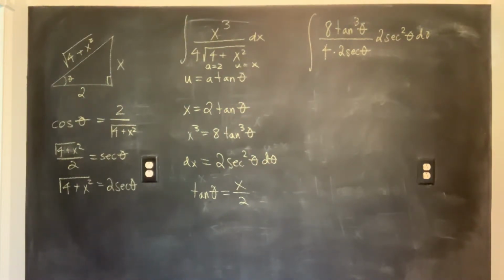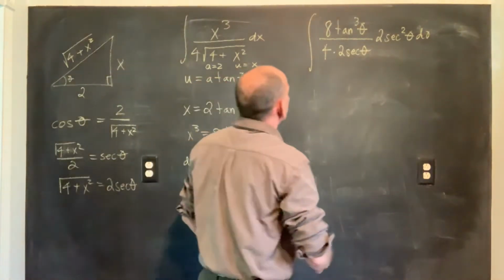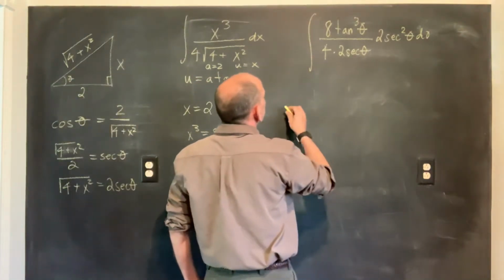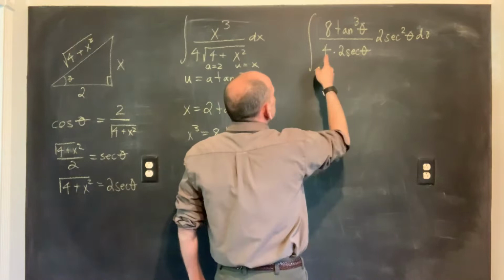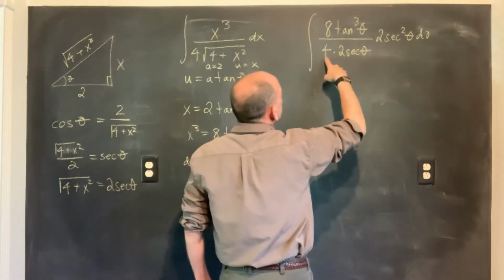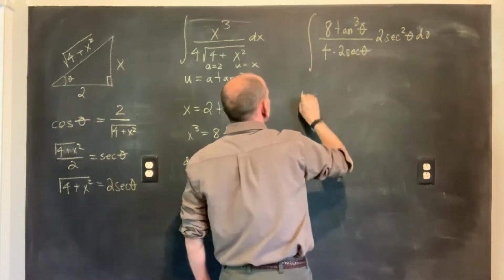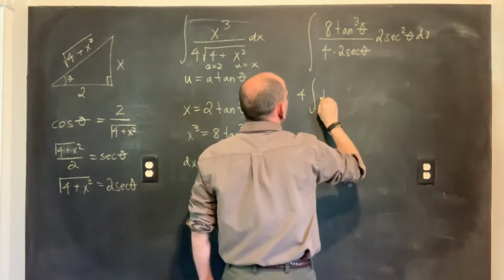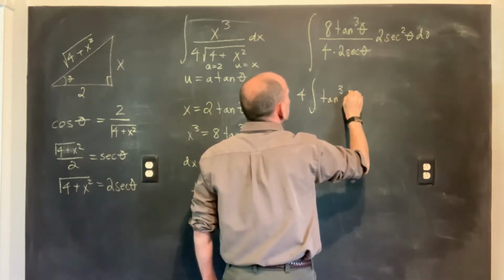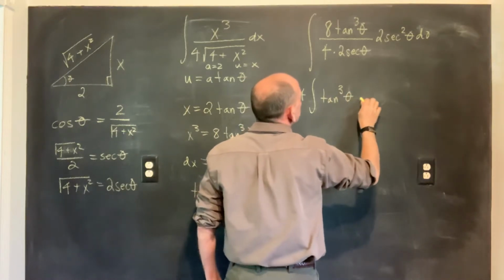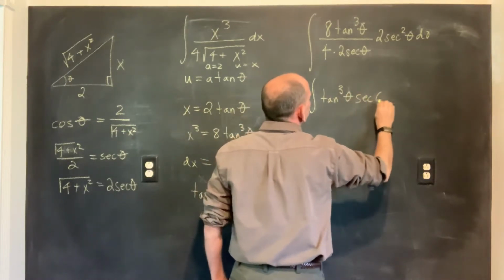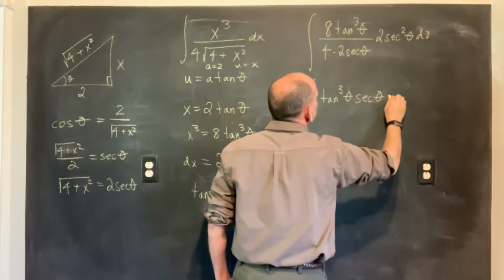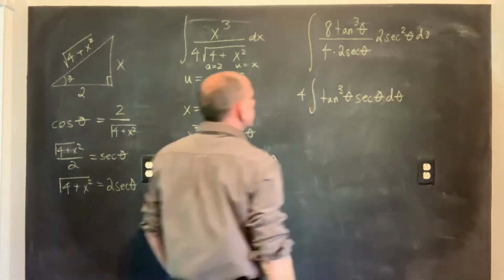All right. So let's take a look at what we've got here. This 8 over 4 is 2, times 2. This 4 I can pull outside. One of those will go. I've got tangent cubed theta, secant of theta, d theta.